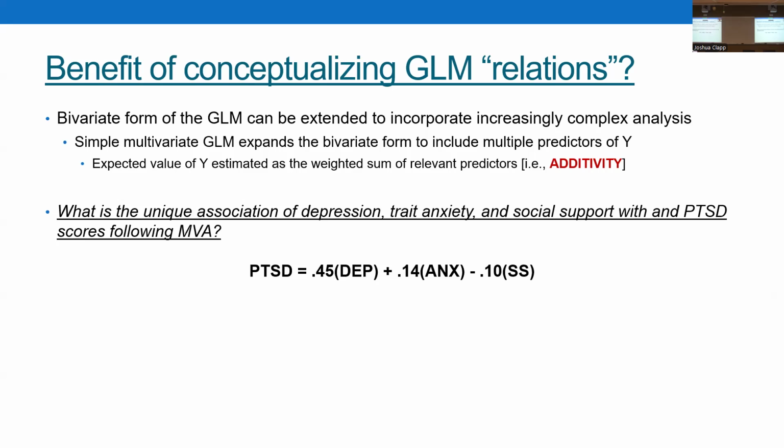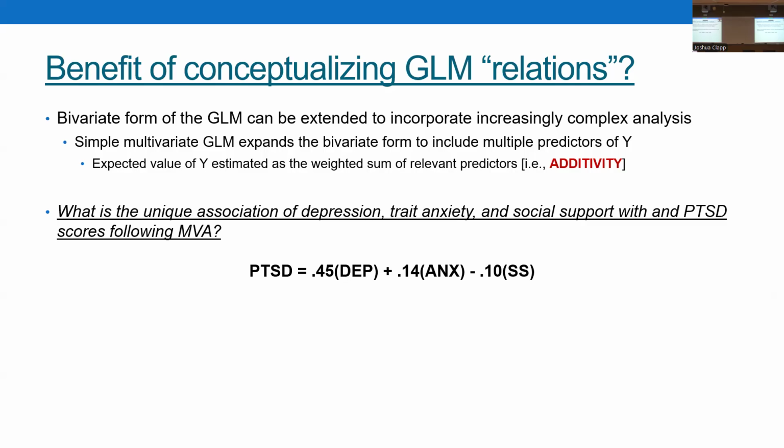So if I'm interested in looking at the unique association of depression, trait anxiety, and social support with PTSD in survivors of motor vehicle accidents, I can do this, right? I want to predict outcome on my PTSD variable.